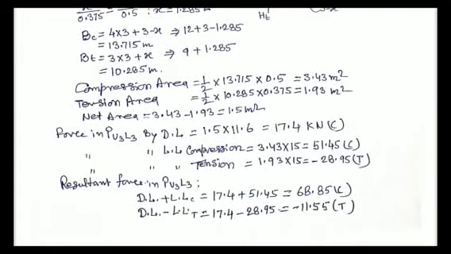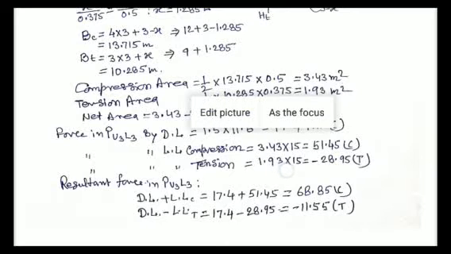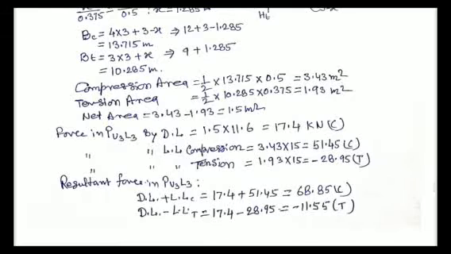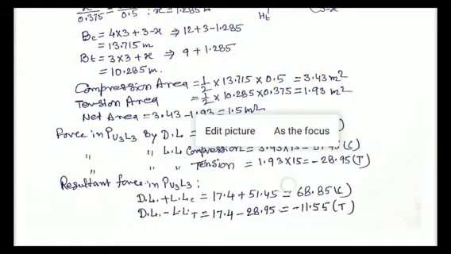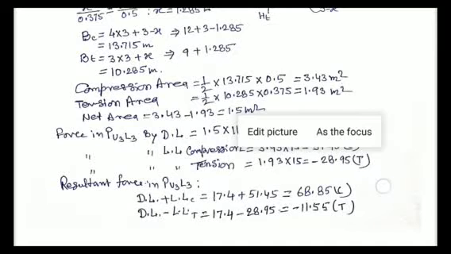And the force in member U3L3 due to live load in the compression zone is 3.43 multiplied by 15, which is 51.45, and it is also of compressive nature. And then the force in the tensile zone: 1.93 area into 15 kilonewton live load equals minus 28.95. This is force of tensile nature.